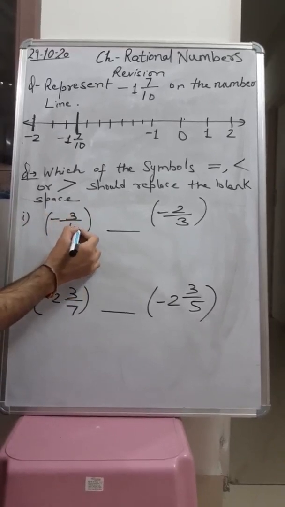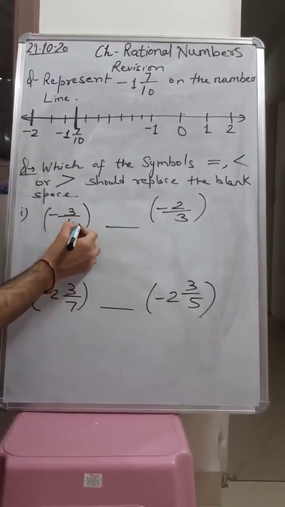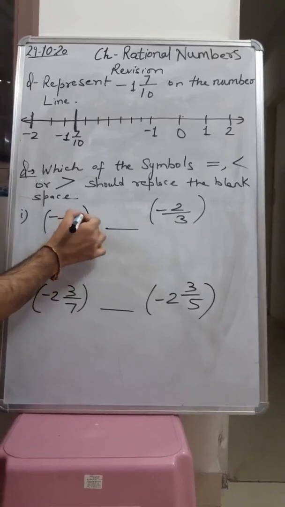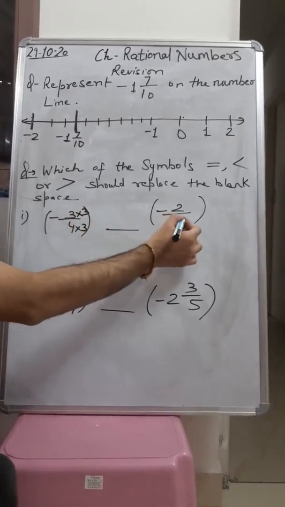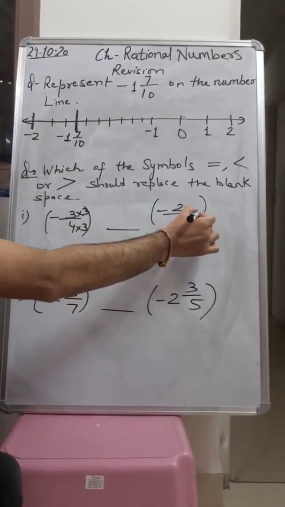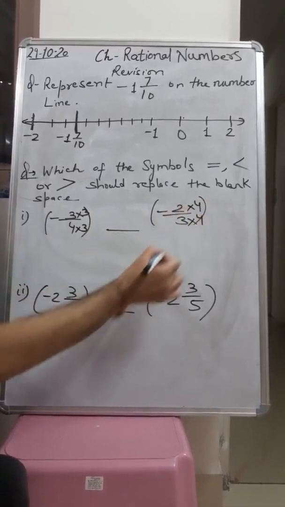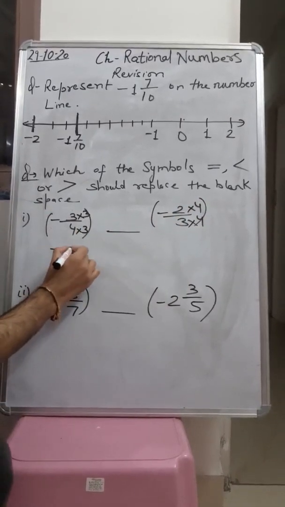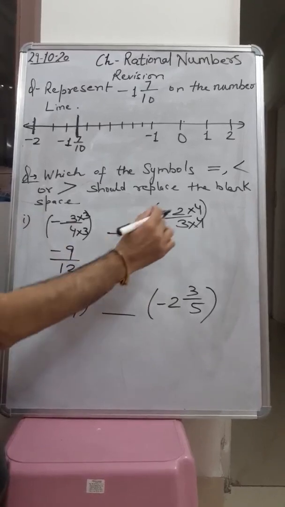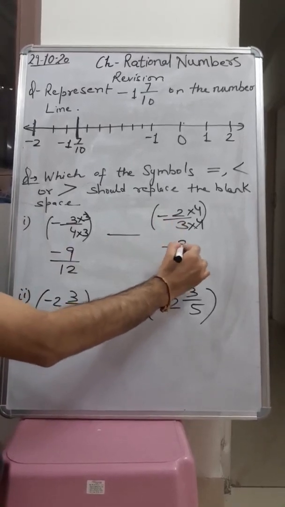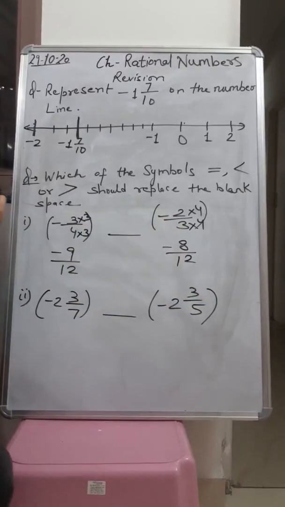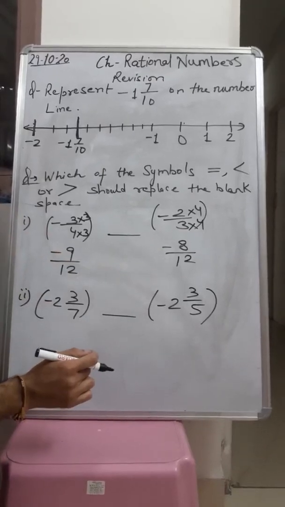So to make the denominator 12, we have to multiply by 3 and the numerator will also be multiplied by 3. Here it is 3. To make it 12, we have to multiply by 4 and here also 4. So here you will get minus 9 upon 12 and here you will get minus 8 upon 12. So now the denominators have become the same.